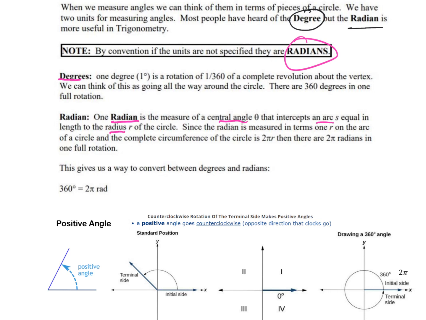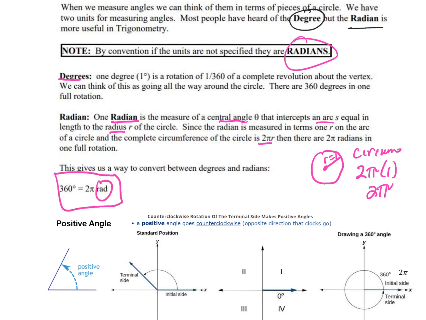And so remember that the circumference is 2 pi r, but if you have a circle with radius 1, then the circumference is going to be 2 pi times the radius, which is 1, which ends up being 2 pi, which means that 2 pi radians is 360 degrees.